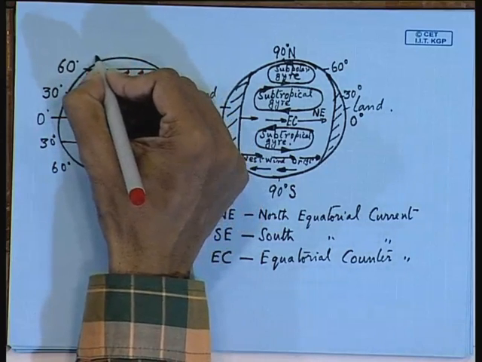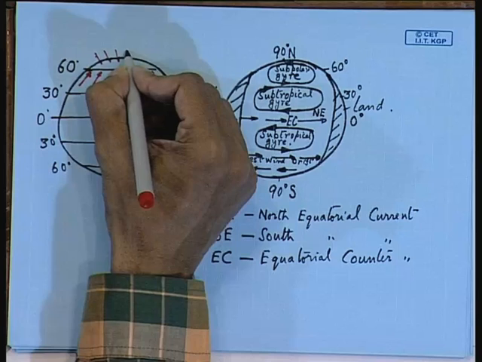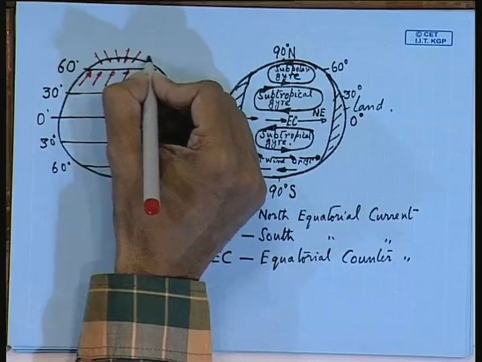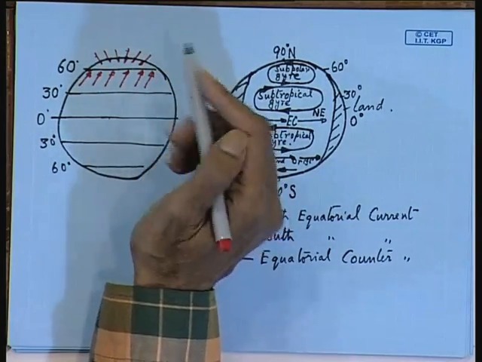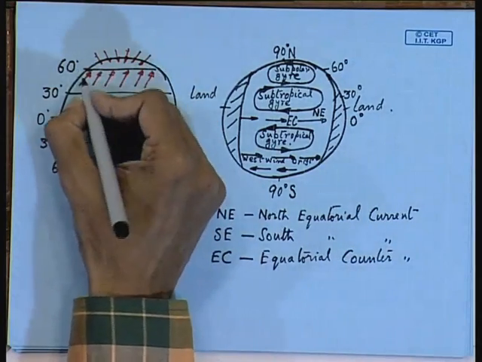And near the pole it is coming from the reverse direction. Now, what is the cause of this wind? So, heat. So, these are called westerlies.